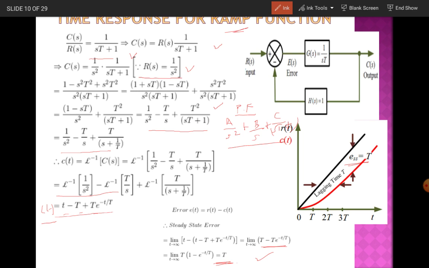Once you find C(t), draw the response curve. If you want the error, use the expression E(t) equal to R(t) minus C(t). Then by using the steady state error formula, limit t tends to infinity E(t), you can find the steady state error of the system also.